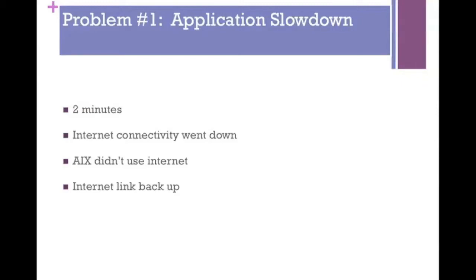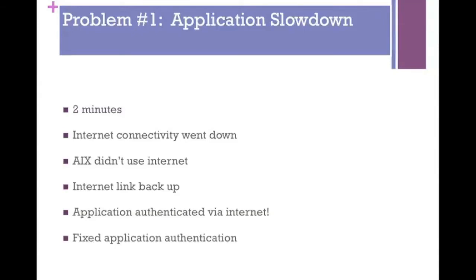So after I stepped through with the customer a little bit more, they did discover that in fact the application was doing some authentication via the internet, and it shouldn't have been doing that, but that was within the application itself. So that was the first problem. The symptom was within AIX, slow response time, but in fact the AIX system itself was performing fine within itself. And they fixed the application authentication, or that was their task for the users.